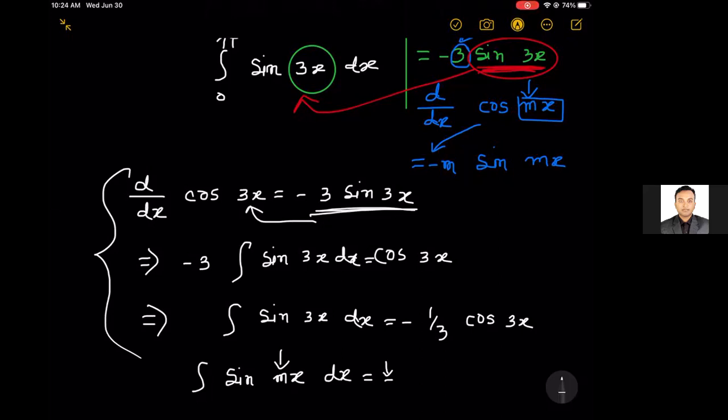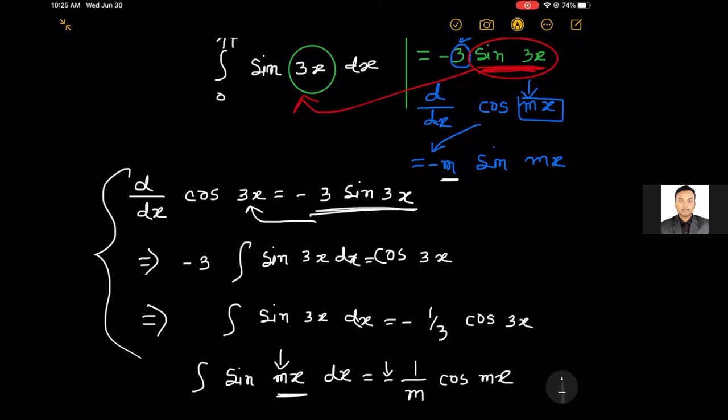The generalization of this problem is, if you have a problem like this, then for the derivative, the coefficient came in front like this, but now it will be the reciprocal of that: 1 over m cosine mx.